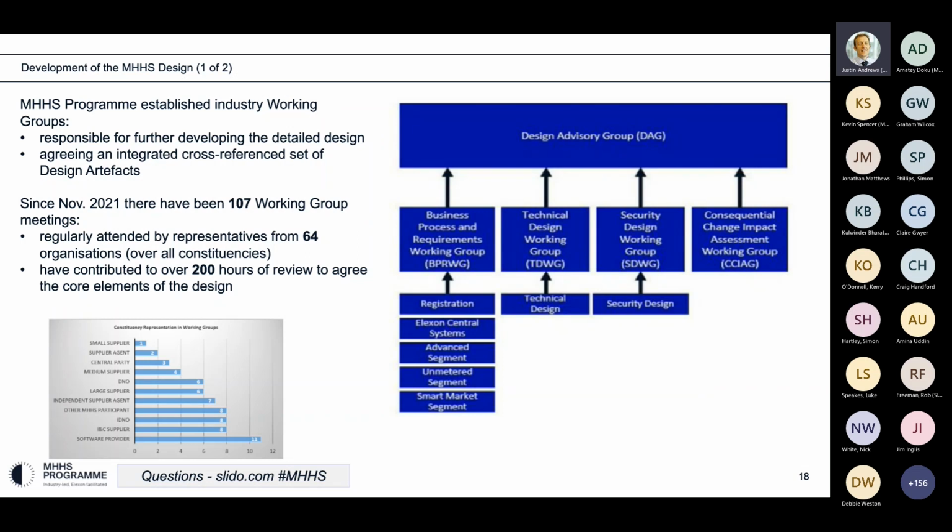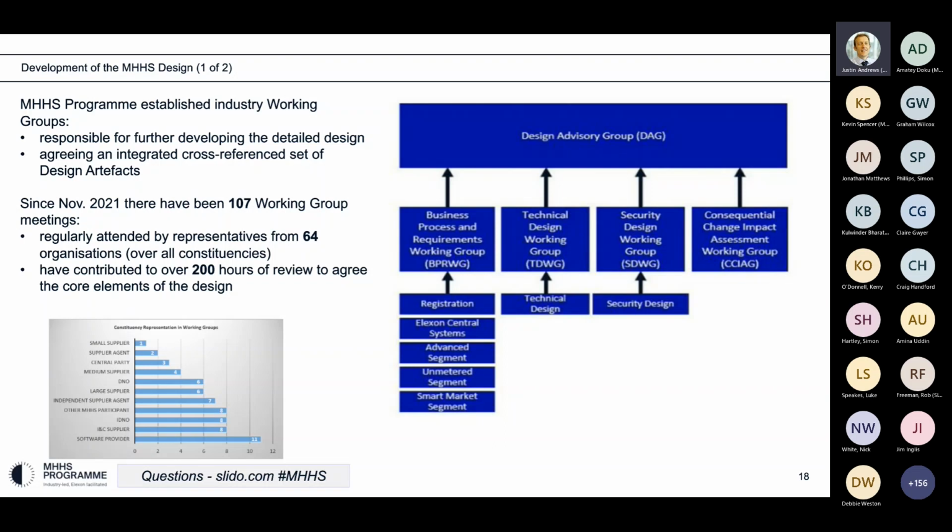It's only with the input from the industry experts, your good selves, that we have been able to deliver all these design artifacts and therefore a robust design. You can see some of the figures there about the number of meetings we've had, the number of hours, and the number of organizations that have participated.